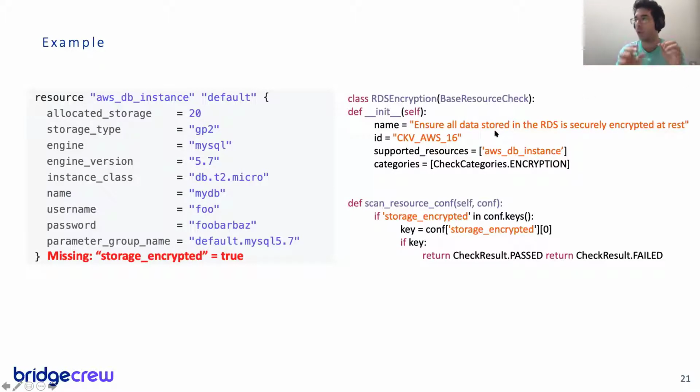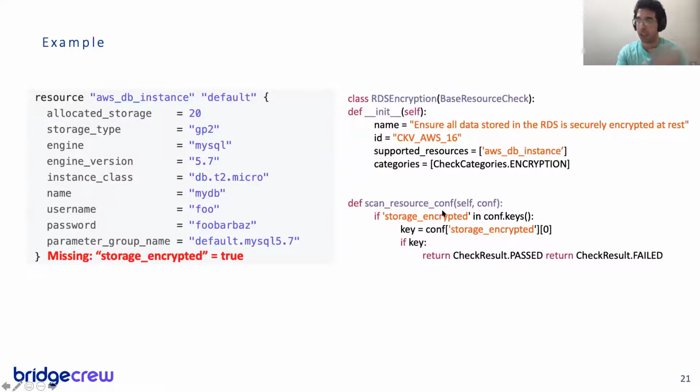You just need to mention the name of the policy, what the idea of it is, and you need the identifier in order to skip it if you'd like. What are the resources that this check supports, which is aws_db_instance, what's the category, which is encryption. And let's run on the scan method.